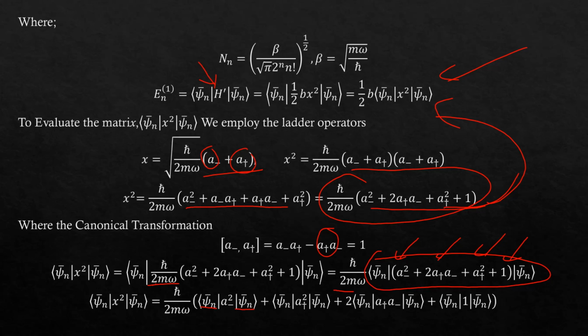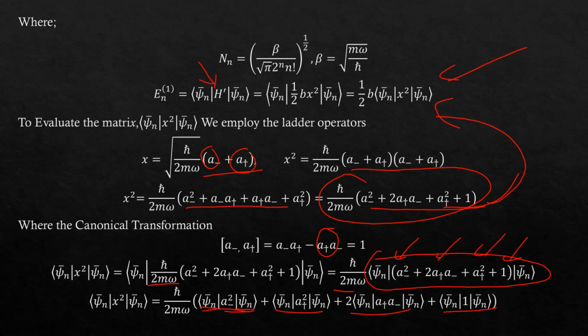Now what we need to do next is to solve for each of these expressions here, and we can do that by simply letting this operator act on these kets in each place.